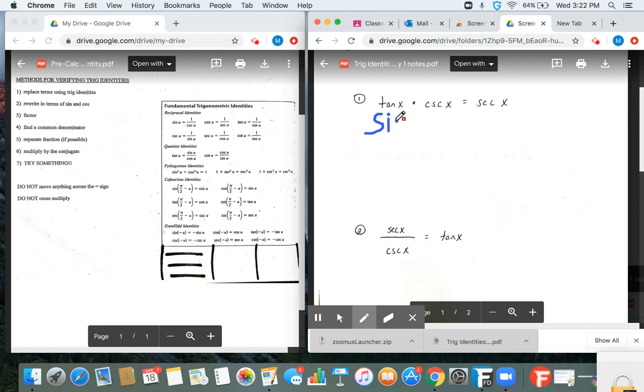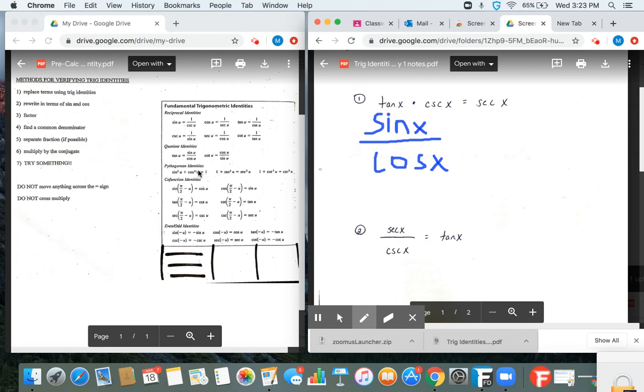It's going to take me a few minutes, but sine x over cosine x. All right, so another way of saying tangent, we know, is sine over cosine, y over x.